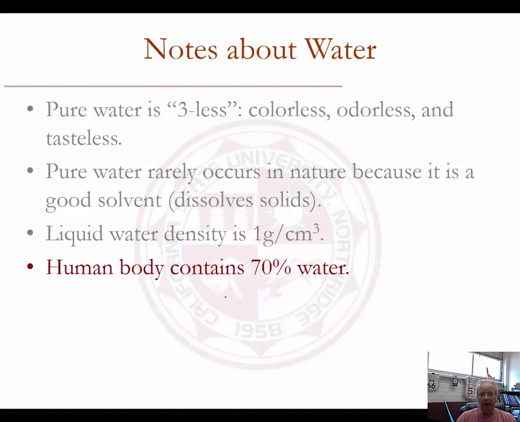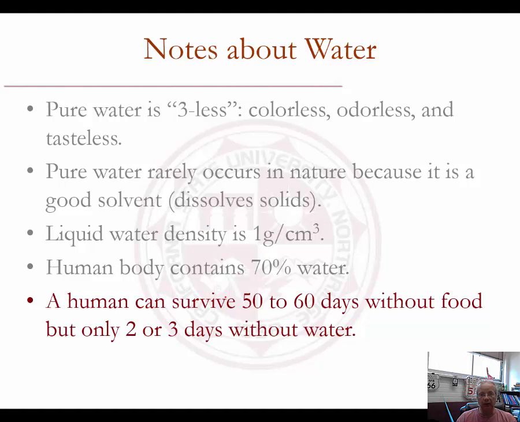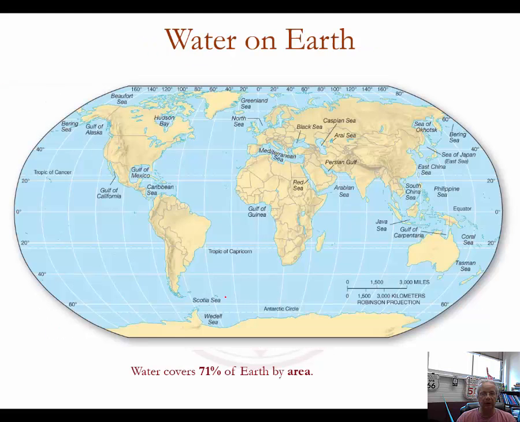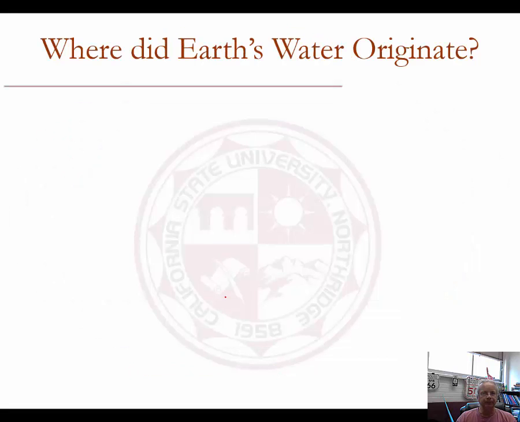Our body is made up of 70% of water, and without it we can only survive a couple of days. Most of the earth is covered by water, 71% of the earth's surface, and that's not really considering the depth of the oceans as well.